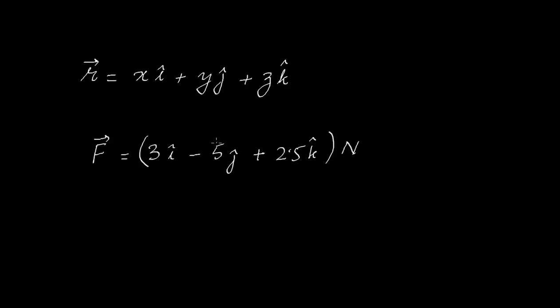It has a component 5 Newton along the minus j direction. It has a component 2.5 Newton along the positive k direction. Understand? So this is the general form of writing vectors. Those are the properties of vectors. I want you to study well these properties, because they are going to be important.